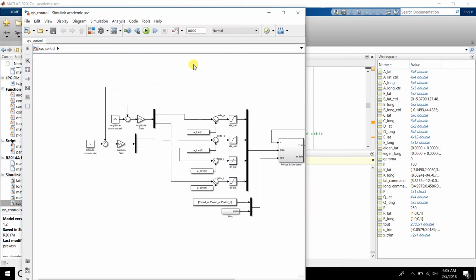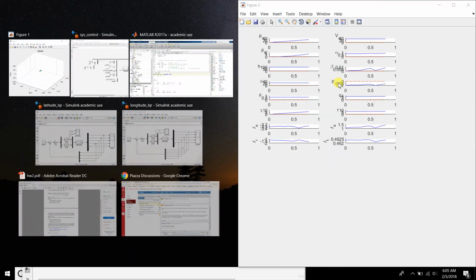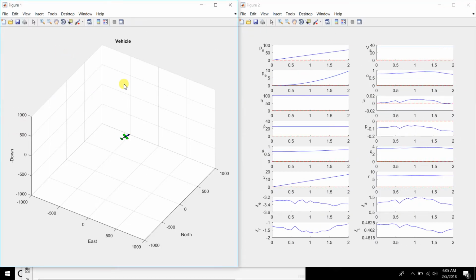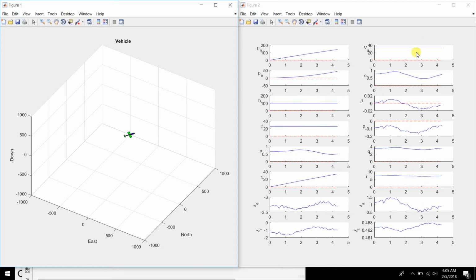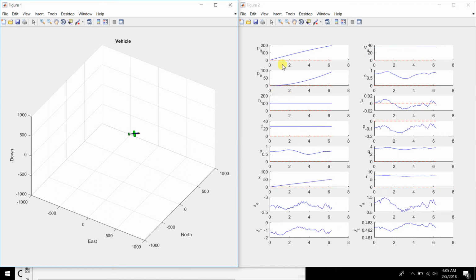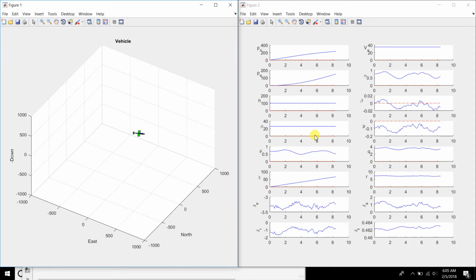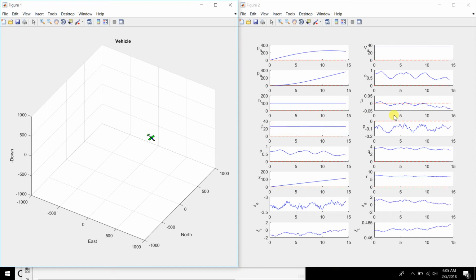Again, we have the same design here in the simulation. Let's see how it works. We see the altitude and the velocity being maintained. The system is taking a coordinated turn and tracking the roll angle, which is a constant roll angle.